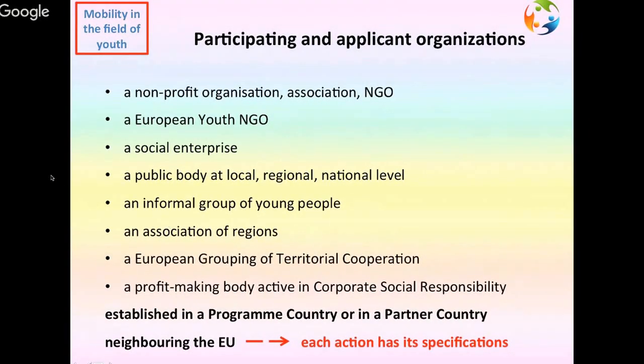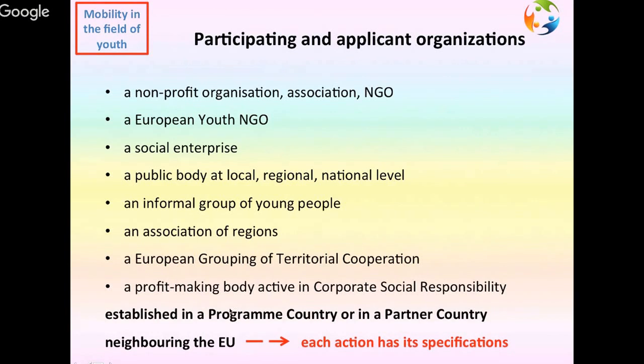We have here a list, and in general, non-profit organizations, associations, NGOs, a European Youth NGO, which is a network of organizations that work at European level, social enterprises, public bodies established at local, regional, national level, informal groups of young people, associations of regions, European groupings of territorial cooperation, and profit-making bodies active in corporate social responsibility.